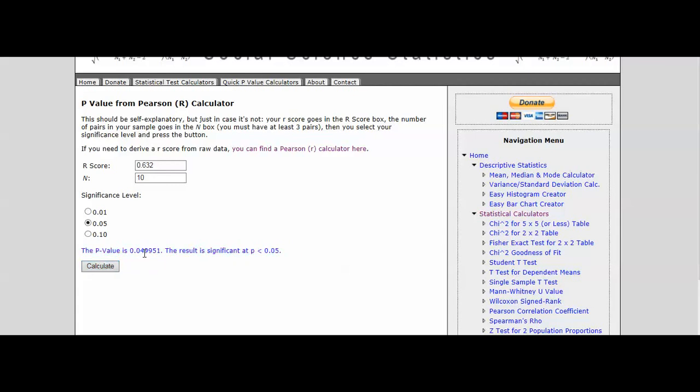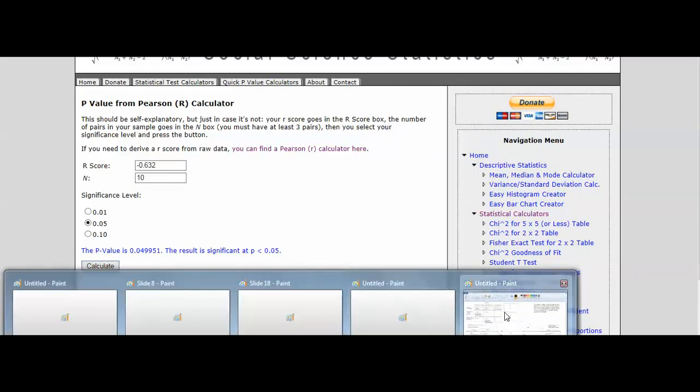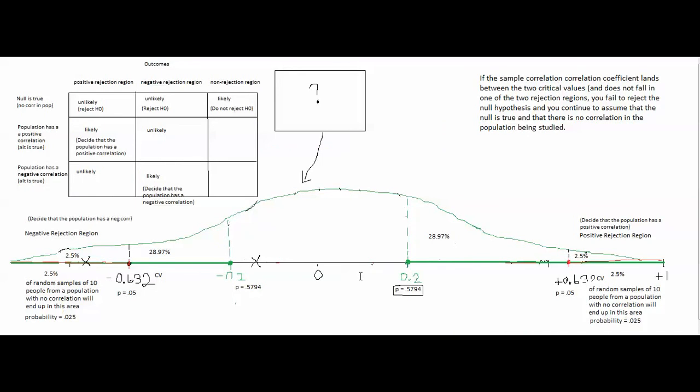Okay, so it's about 0.05. It rounds basically to 0.05, and then negative 0.632 would be the same. They both have the p-value of 0.05. That's why, like I said, the two critical values both have to have the p-value of 0.05.